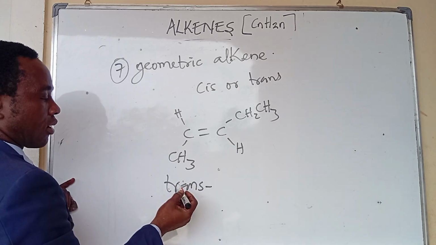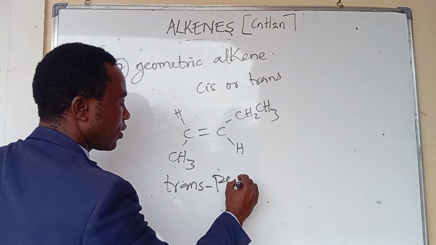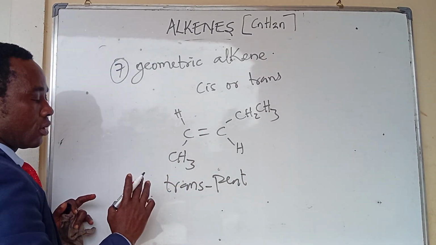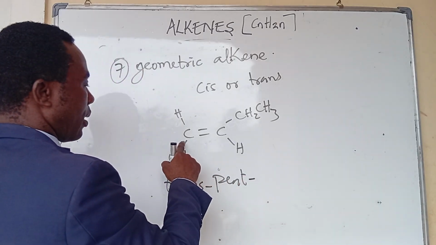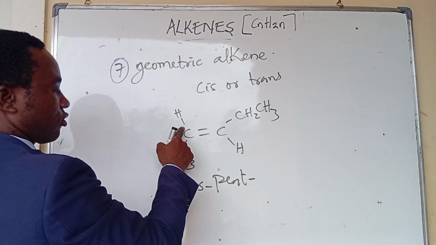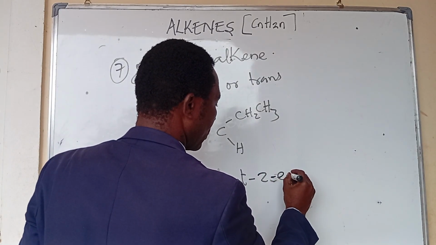Trans. What is the number of carbon atoms? 1, 2, 3, 4, 5. Trans pent. It's not penta because it's only one double bond. So trans pent. How many? 1, 2, 3. So the double bond is better this side. 1, 2. Trans pent 2 ene.